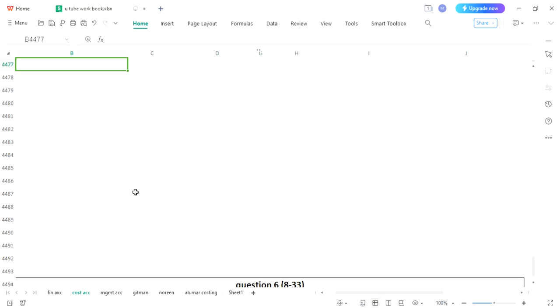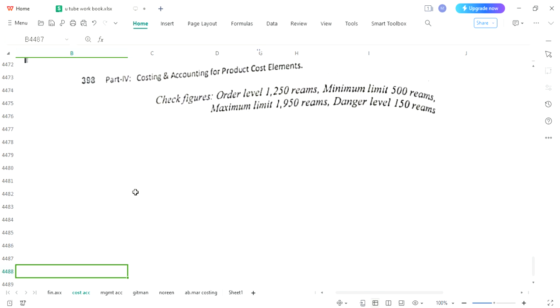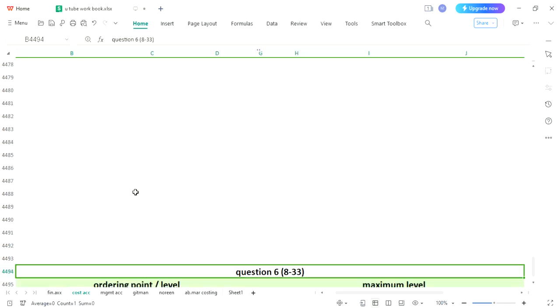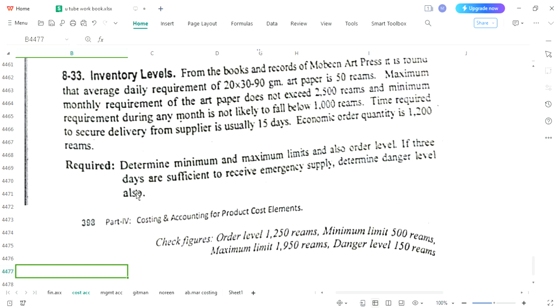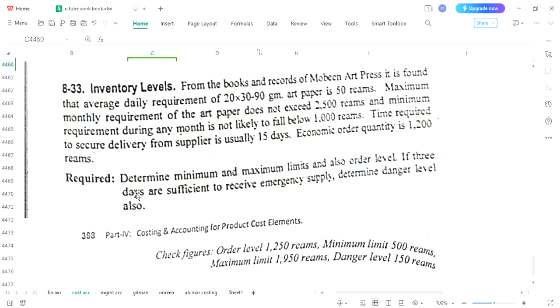So let's go back to the question, and as you can see I have left some space over here. The reason is, if we need any calculation we will do it at this place, and secondly the given options will be collected first. Let's start reading the question. We have an introduction of the organization, and the average daily requirement.